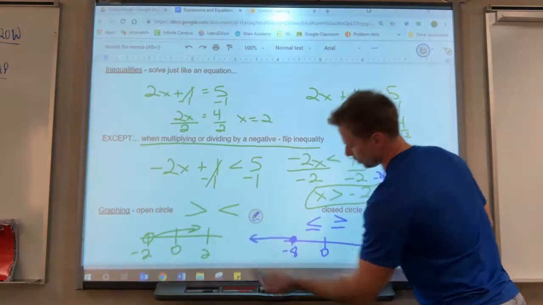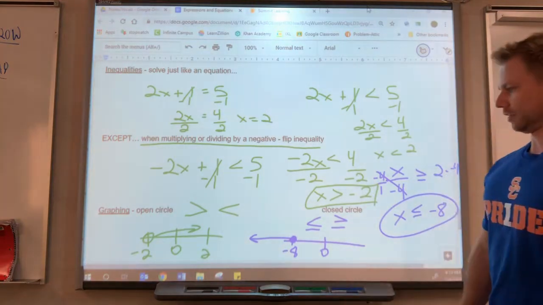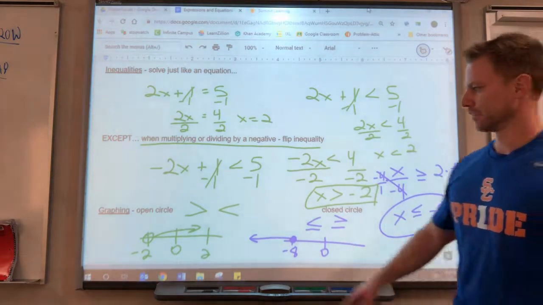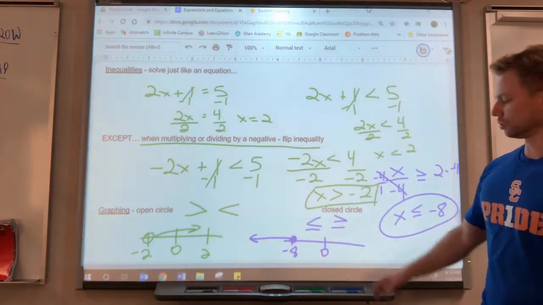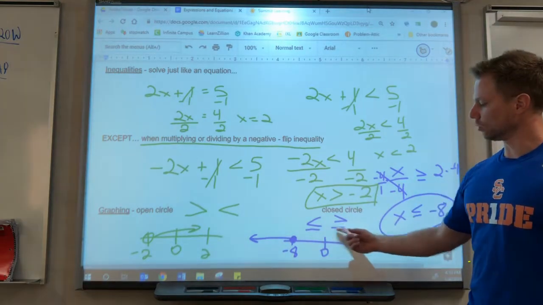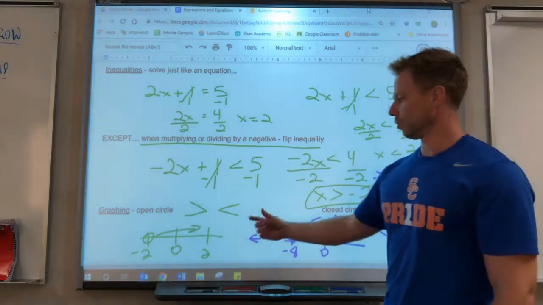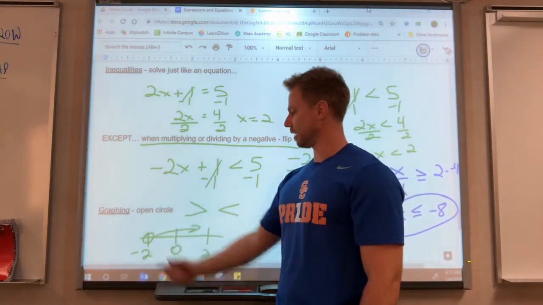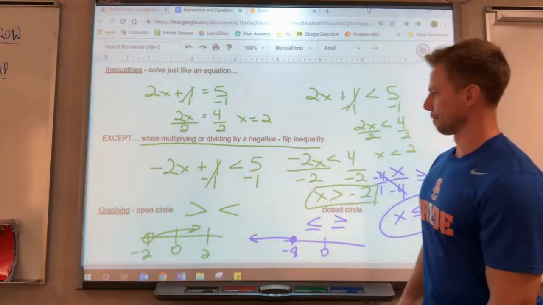So I would draw an arrow to the right where numbers are smaller than or equal to negative 8. Okay? So greater than, less than, open circle, less than or equal to, greater than or equal to, closed circle. When it's equal to, it's including the number that we're at in the solution. When it's just greater than or less than, it's not including the number we actually solved for in the solution.